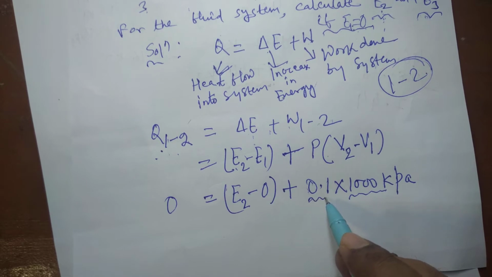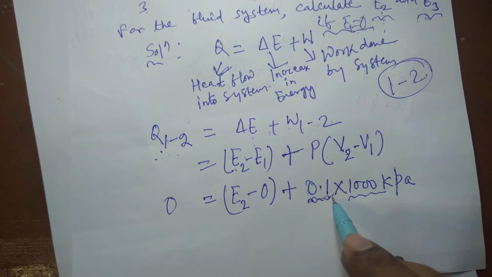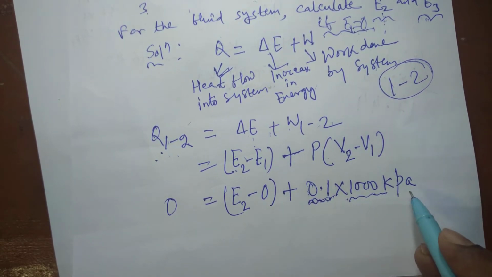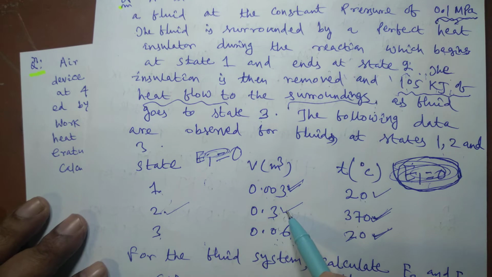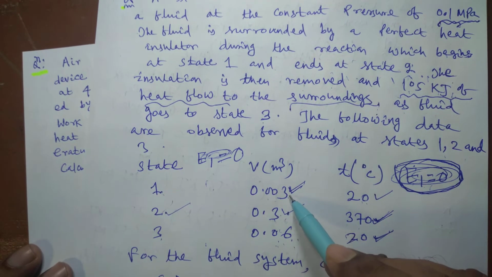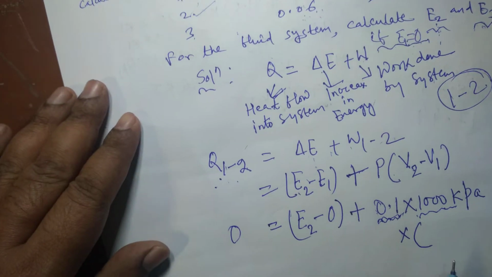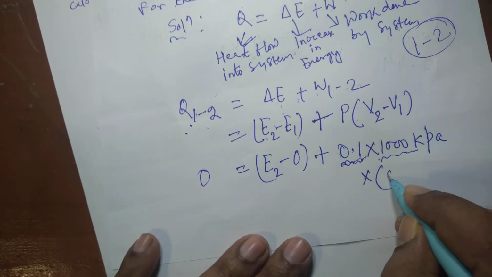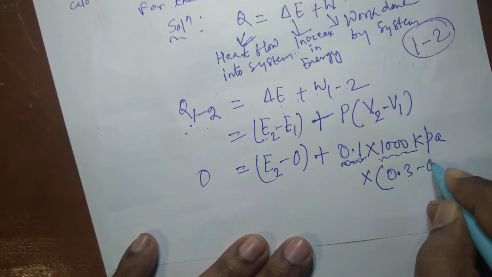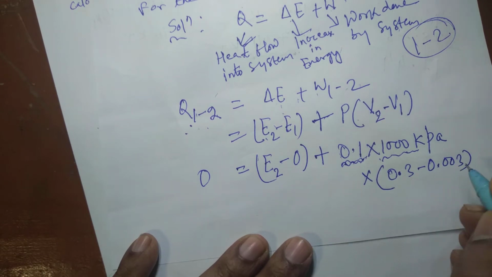So since pressure is constant at 0.1 megapascal, that means 0.1 into 1000 kilopascal, into the volume at state 2, which is 0.3, minus the volume at state 1, which is 0.003.